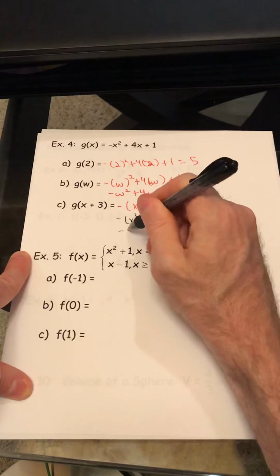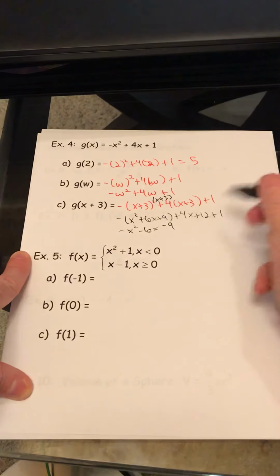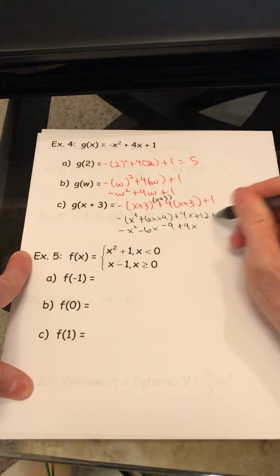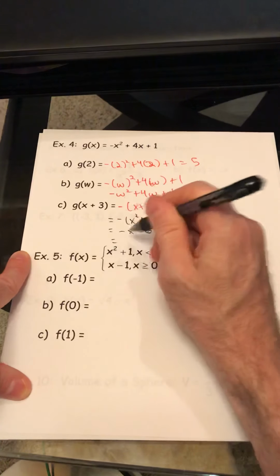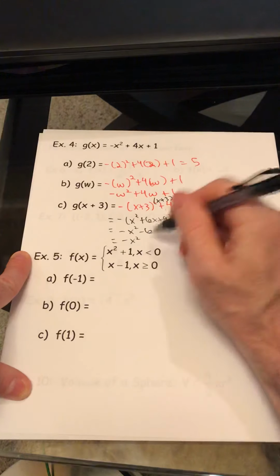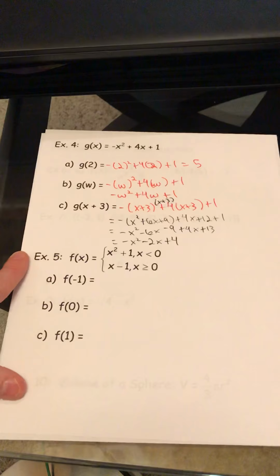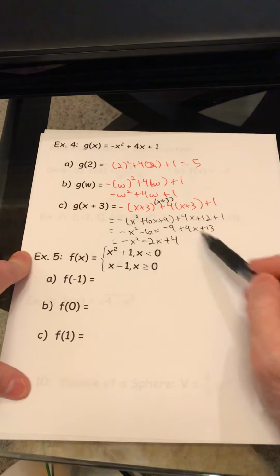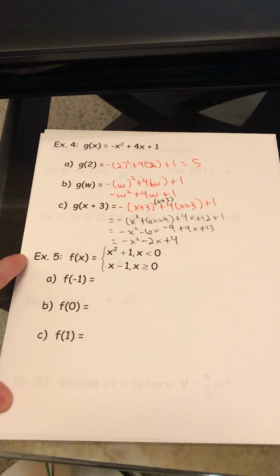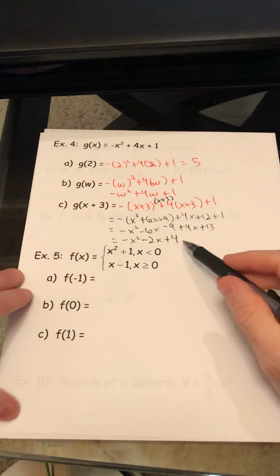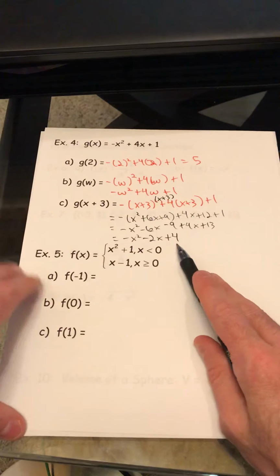And then negative x squared, negative 6x, negative 9, 4x. I'll combine those. Our end result is negative x squared, negative 2x, and positive 4. Don't worry about going back and factoring this. I know sometimes we'll see that step wanting to be done. There's nothing wrong with it, but when all you're doing is working with function notation, you can stop there.